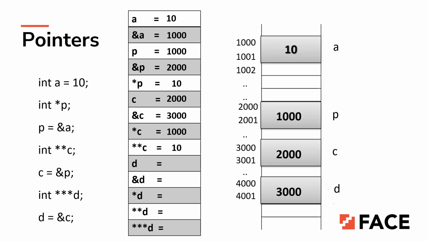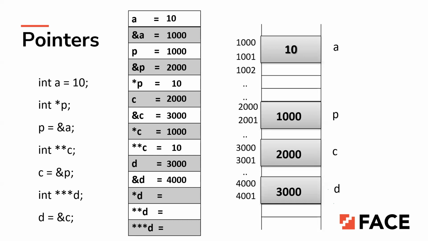What is D? Very good. 3,000. What is ampersand D? 4,000.